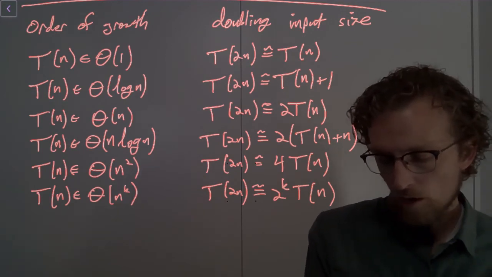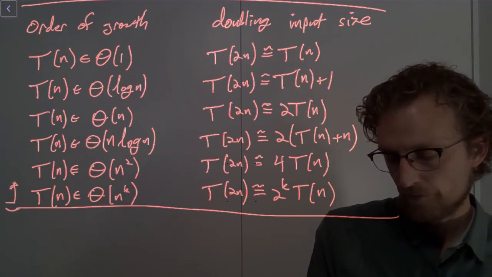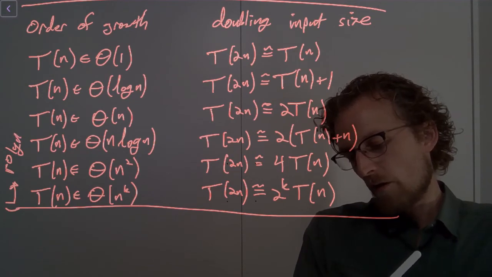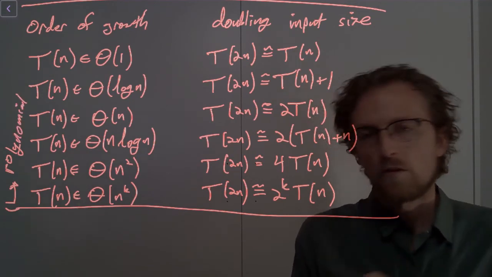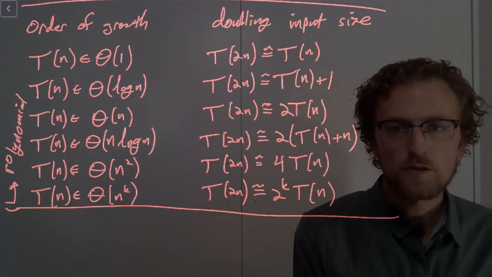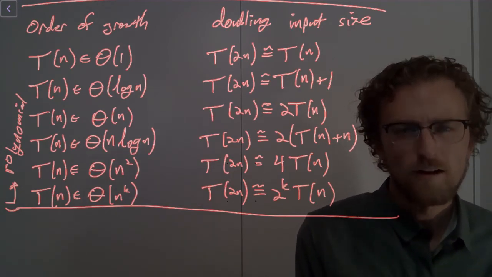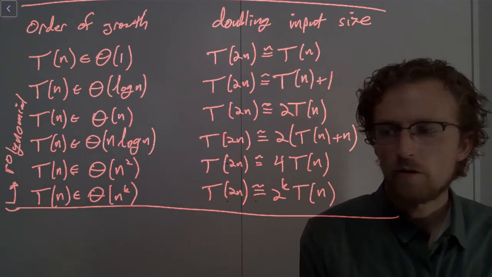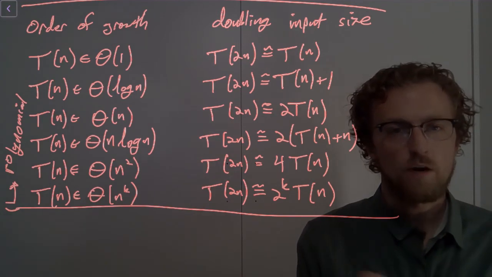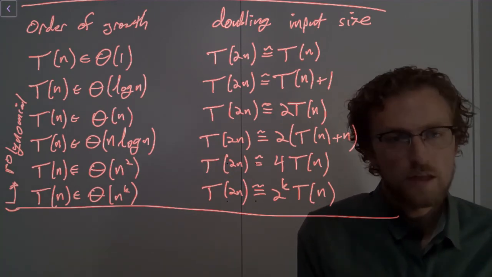All right, so all of these are polynomial. We call all these polynomial time algorithms, right? Everything that is n to the k and faster, we think of as a polynomial time algorithm, and that's sort of the lingo for it. So there's this important line right here where polynomial time algorithms tend to be algorithms that scale well, right?